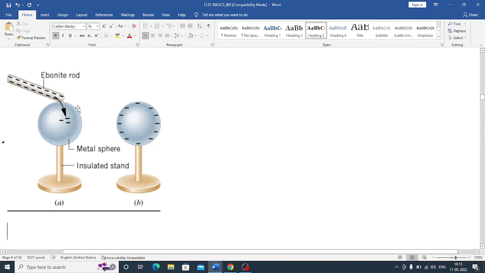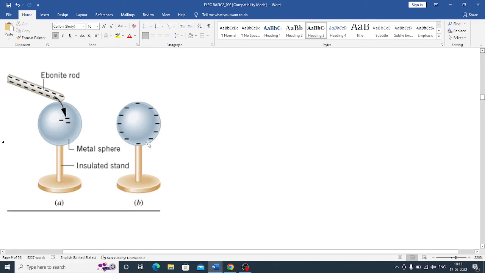Now this metal sphere is neutral, but the rod has excess electrons. Due to physical contact, some electrons will flow from the rod to the metal sphere. Then you move the rod away from the metal sphere.